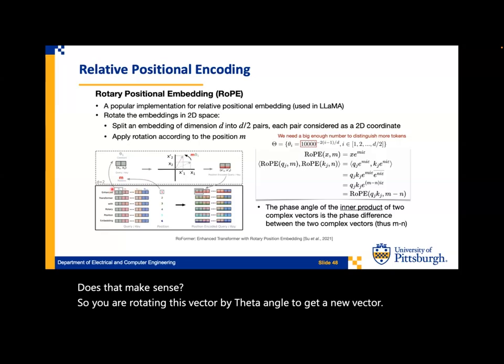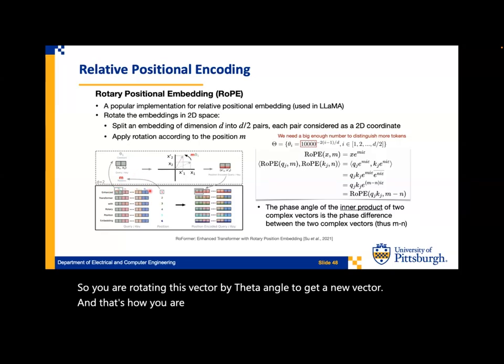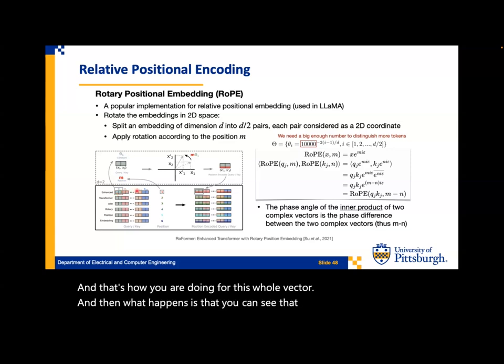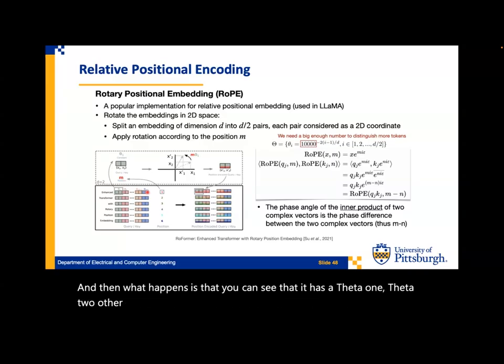Does that make sense? And that's how you do it for the whole embedding. You can see it has theta 1, theta 2, all the way to theta d divided by 2. What that means is that I rotate a different angle for each small vector.